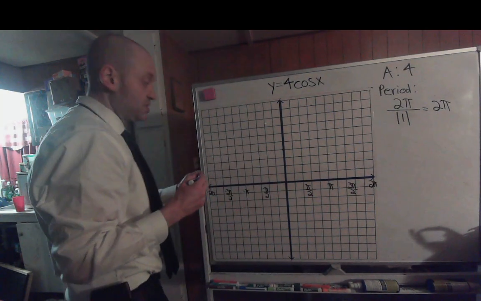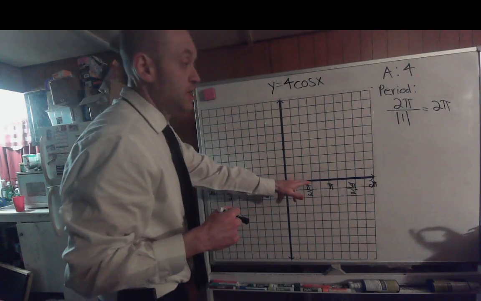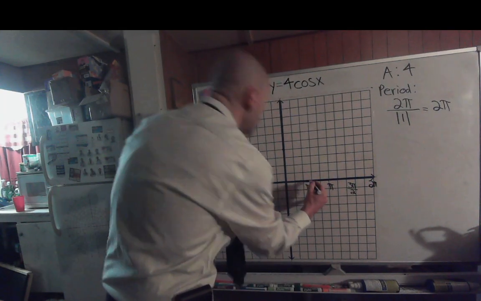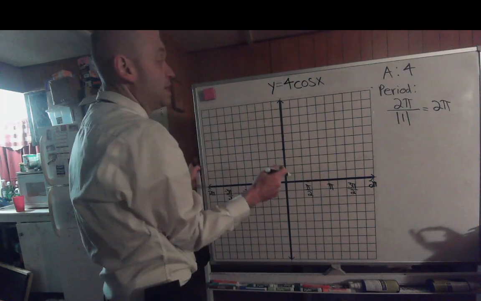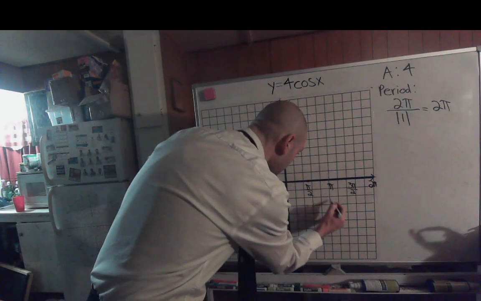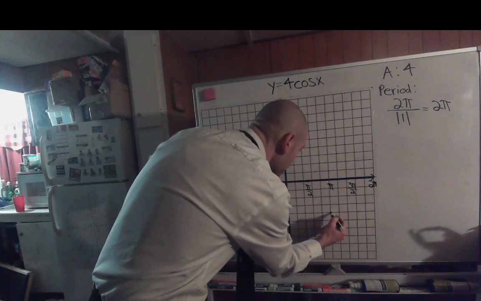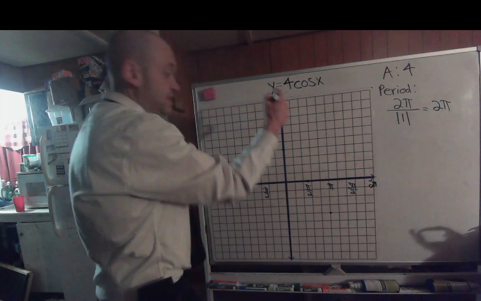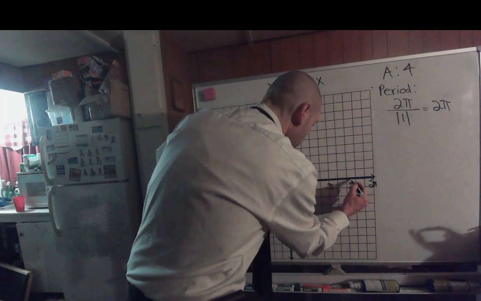Alright, what's the cosine of pi over 2? That's 0 times 4, that's still 0. Now what's the cosine of pi? That's negative 1 times 4. That would actually put you at negative 4. And then what's the cosine of 3 pi over 2? That's 0 times 4, still 0.